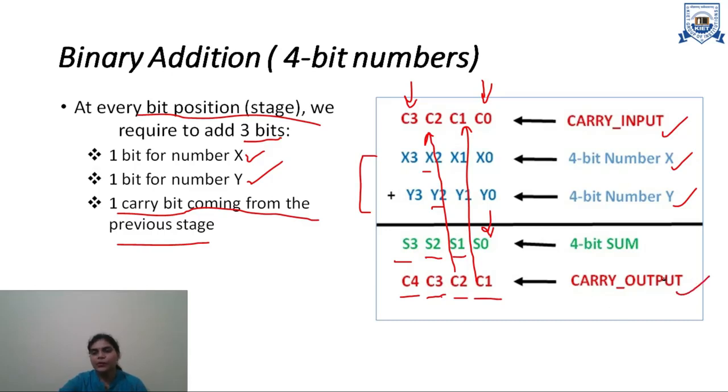Carry output denotes the carry produced by the addition at a particular stage, or we can say the ith stage, and that carry output will go to the next stage to be added, and this time it will be the carry input. So the carry output of one stage is the carry input to the next stage. Initially there is no carry input, so by default C0 equals 0.